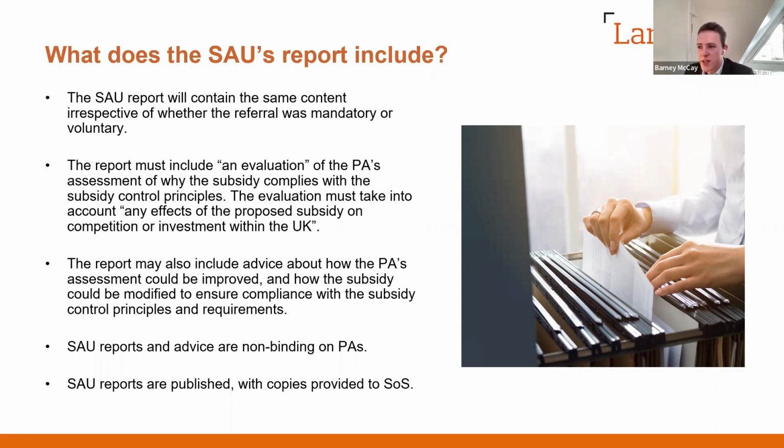So while there are obvious reasons why a public authority might follow the report and advice of the Subsidy Advice Unit in order to reduce the risk of a successful challenge to its decision, it doesn't have to. The reports are published and copies are provided to the Secretary of State.